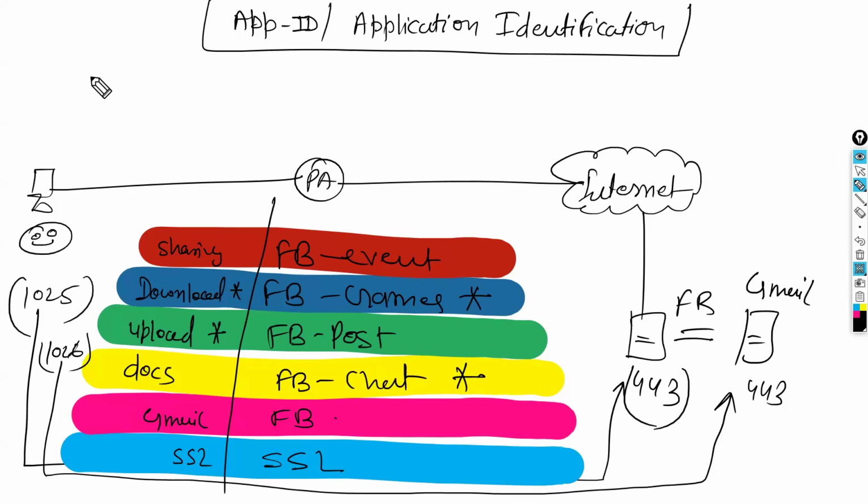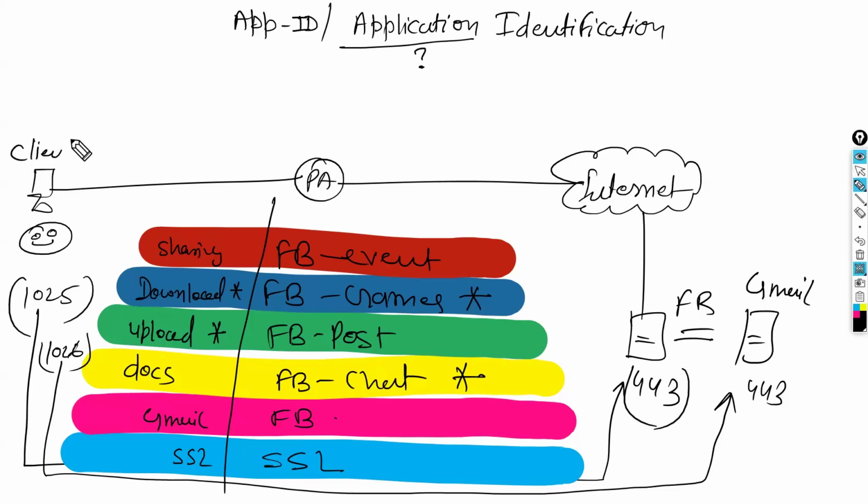Now Palo Alto says that in application identification, if we ask what is an application, there is no standard definition for application, but something we have to define here. They say that we have a client and we have a server.